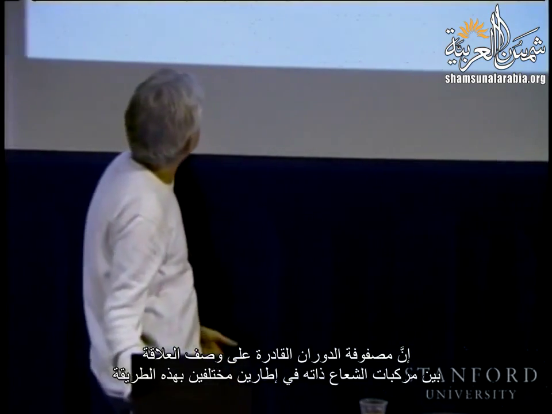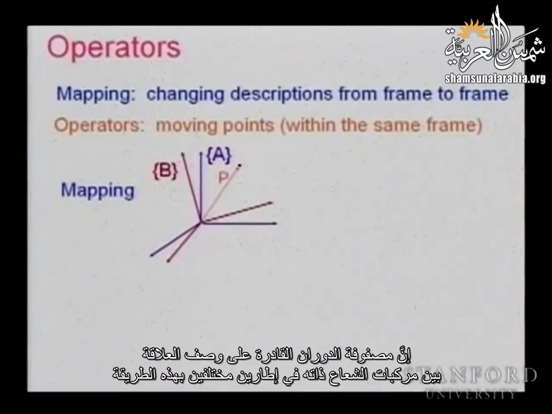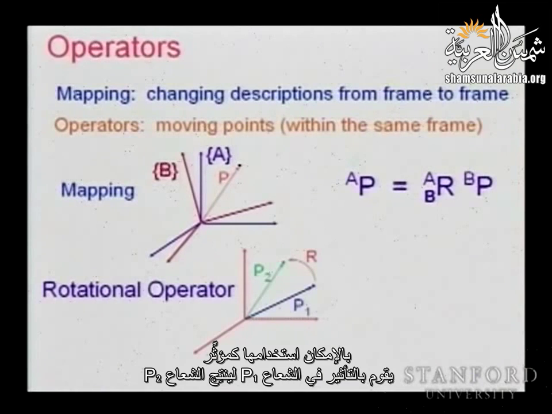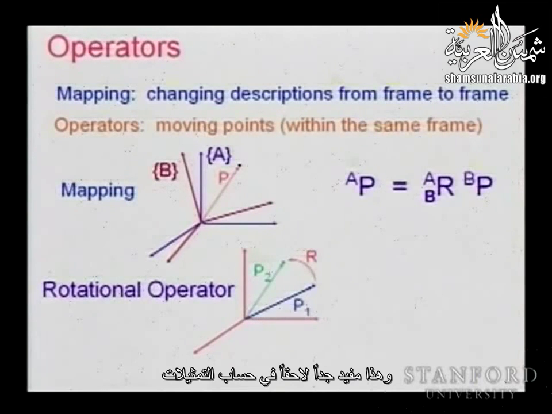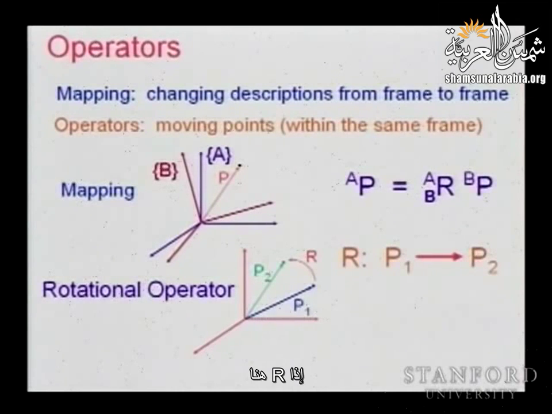So, in fact, a rotation matrix, which could describe the relationship between the components of the same vector in 2 different frames, can also be used as an operator that would operate on a vector P1 to produce a vector P2. And this is very useful later when we compute representations. You will find it very useful to compute transformations between different frames. So R here is operating on P1 to produce P2.